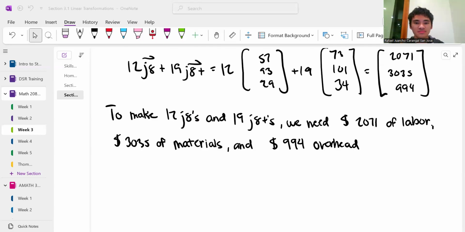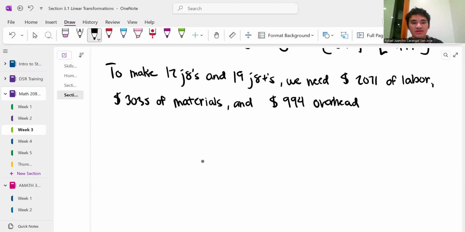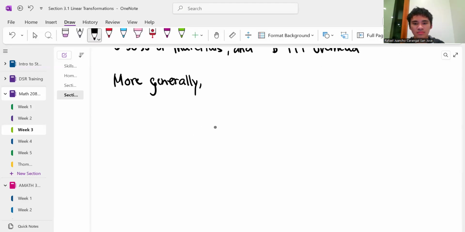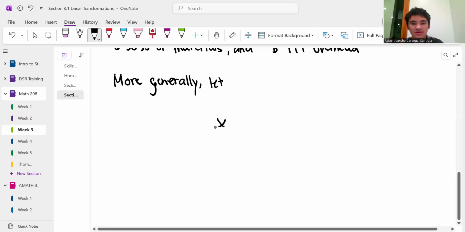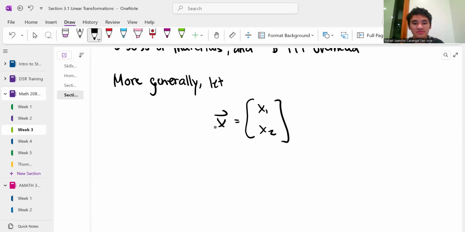Here's a more general idea. If we let our x vector be x sub 1, x sub 2, these are the indicated desired production levels for J8s and J8 Pluses respectively.